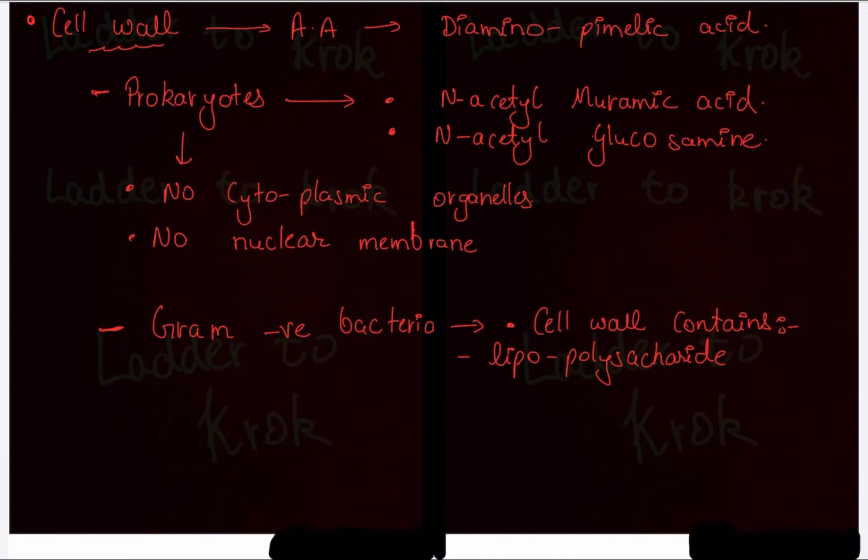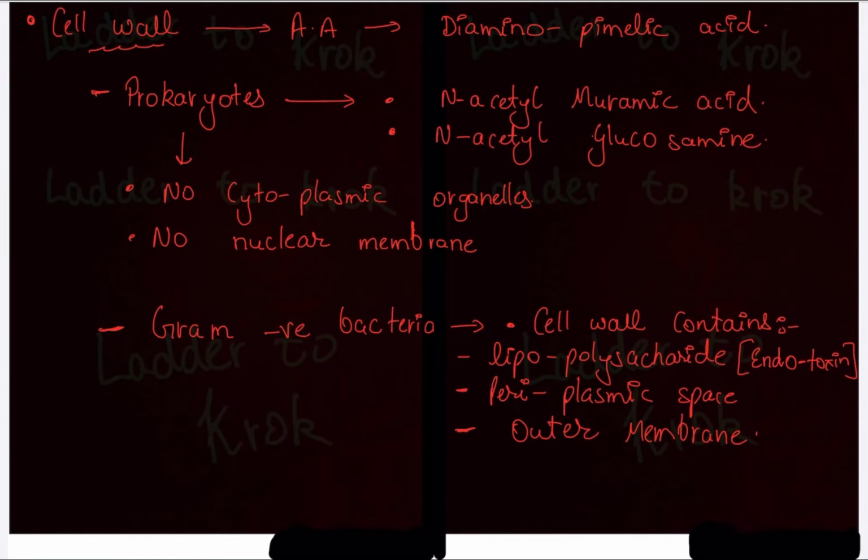Lipopolysaccharide means endotoxin, we also call them endotoxin. And periplasmic space, and as you all know, outer membrane. That's it for gram negative.